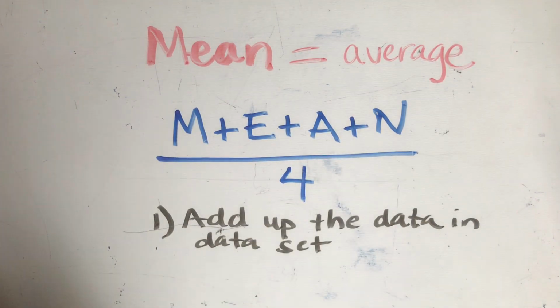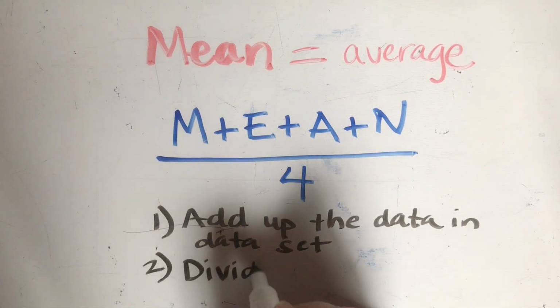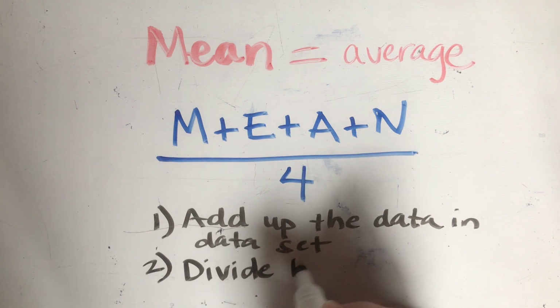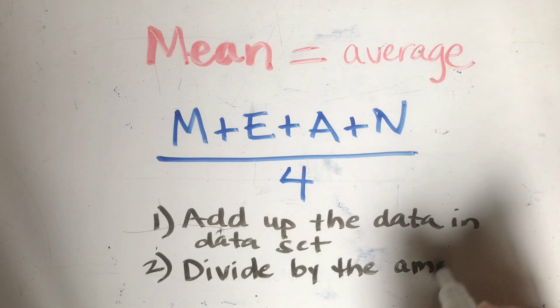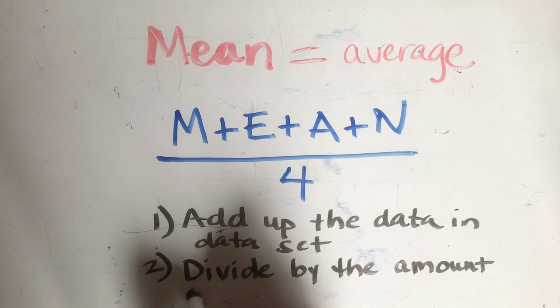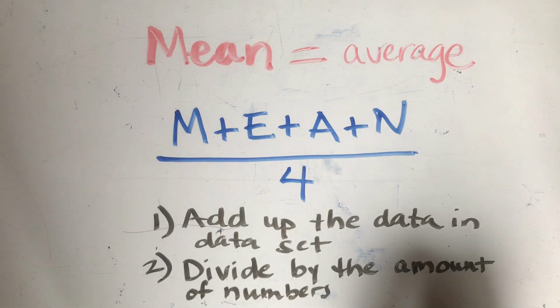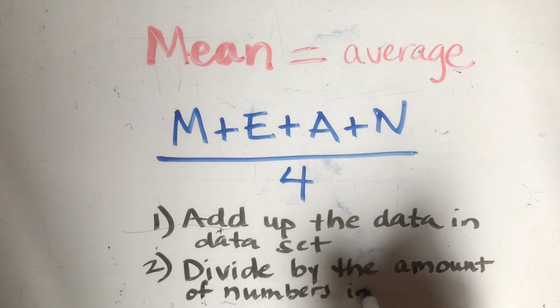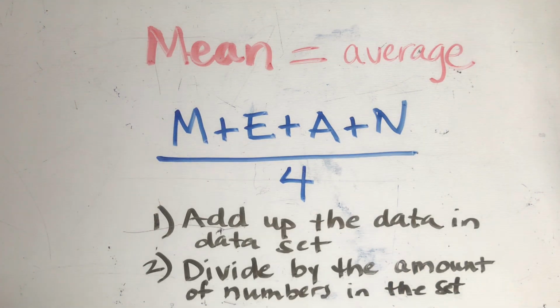And second, you're going to divide by the number of numbers, the amount of data in your data set. So first you're going to add today, and then you're going to divide.